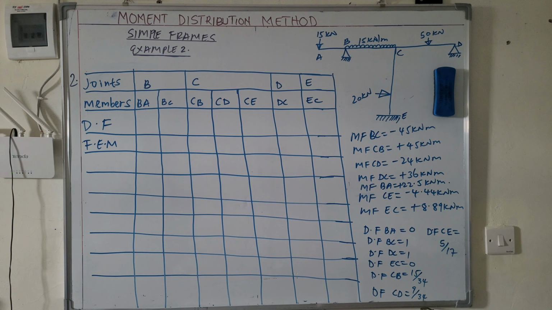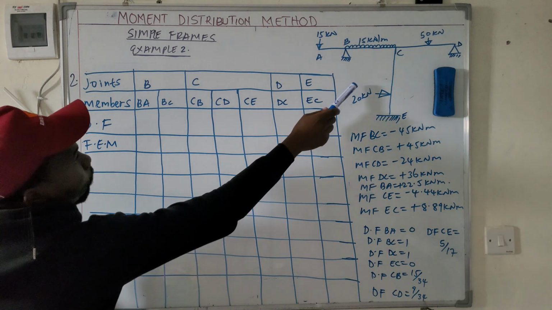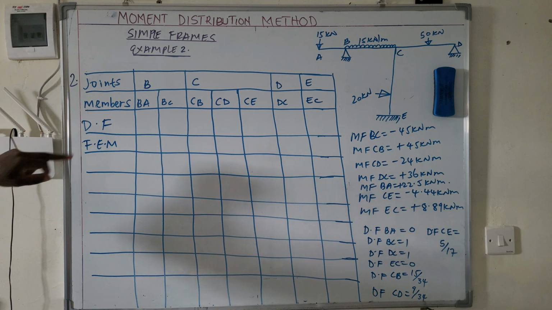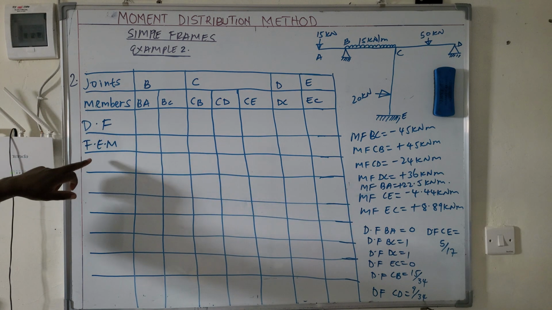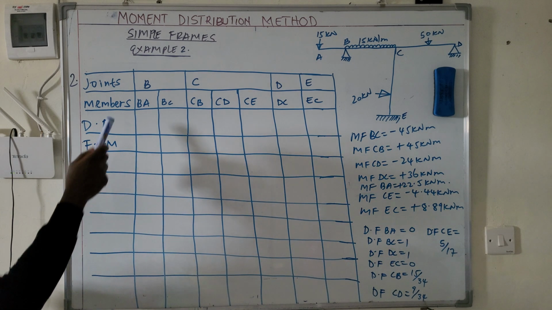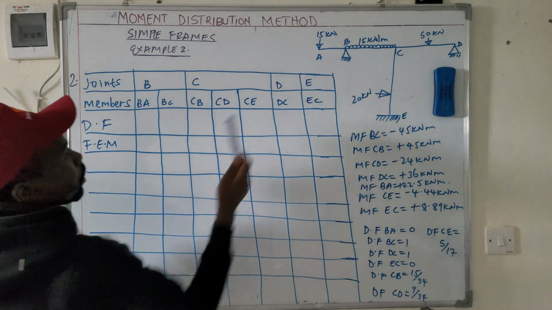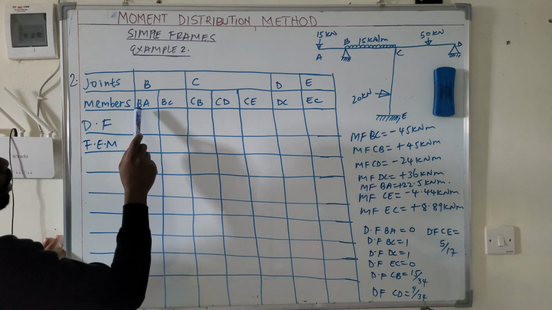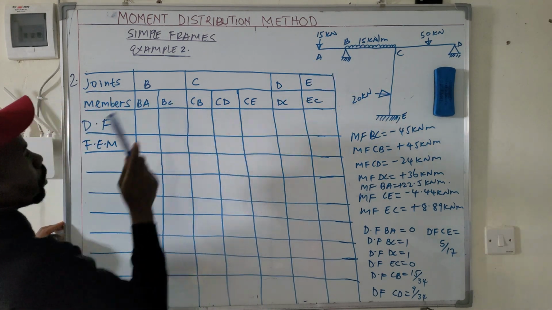After calculating our moment distribution factors, now we'll draw this table. This is our table as a result of this frame. This table will have joints, members, distribution factors, and fixed end moment. If we begin by joint B, joint B has member BA and BC.